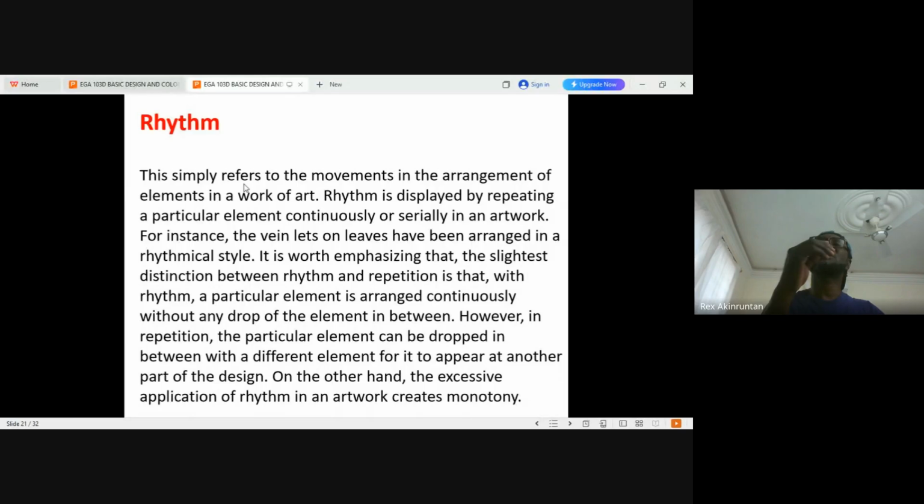Either something is represented from the biggest to the medium, then to the tiniest form, which is repetition. But rhythm is fixed in terms of form, spacing, shape, and so on. And color can be used, as well as shape and other elements.